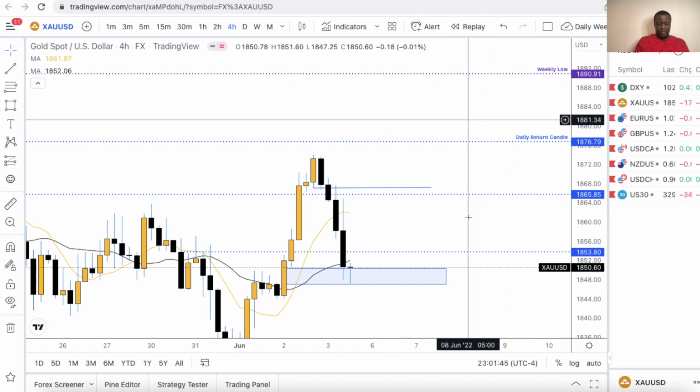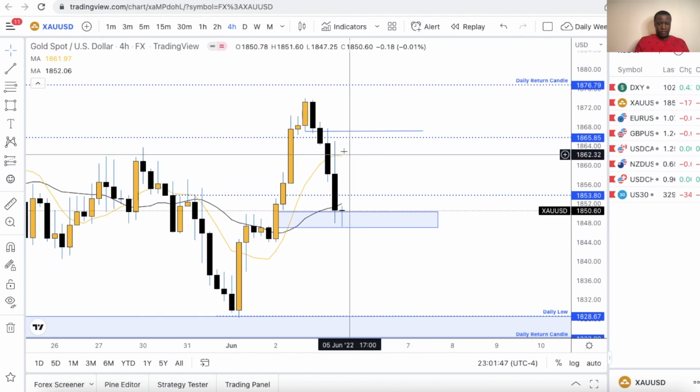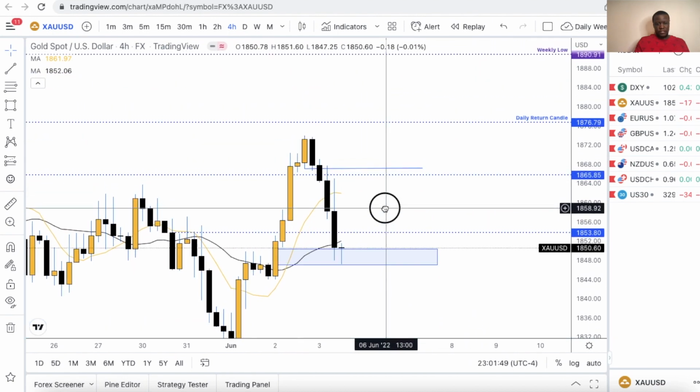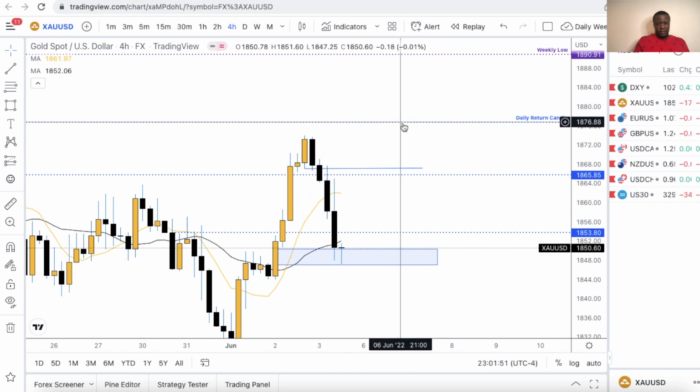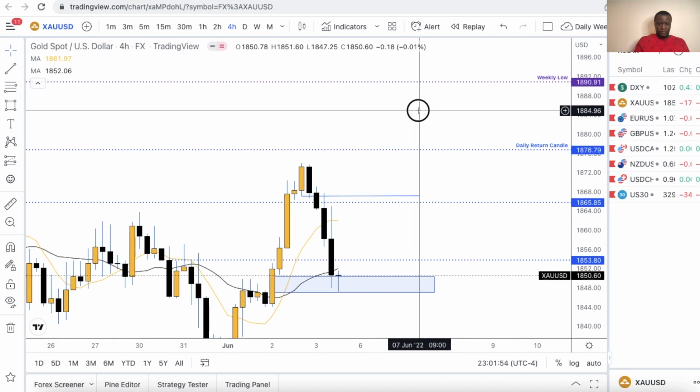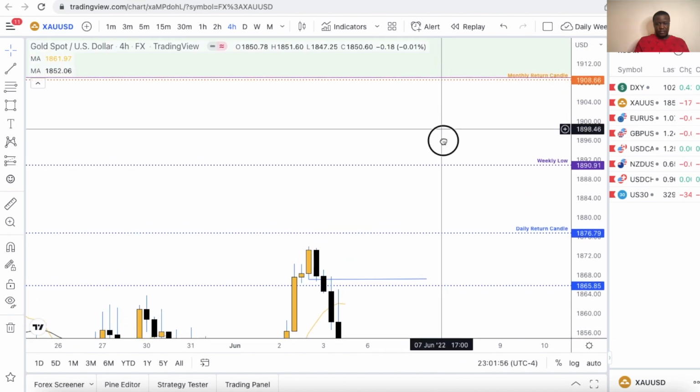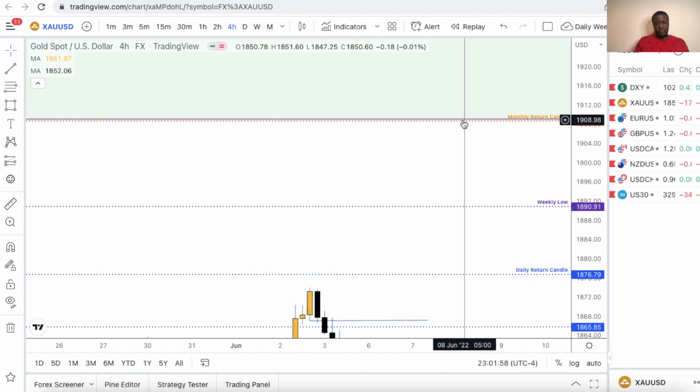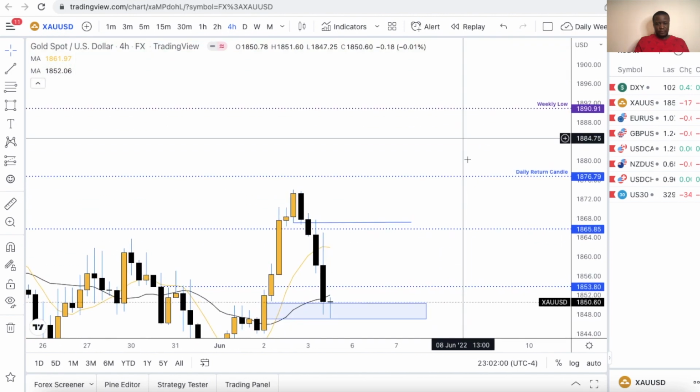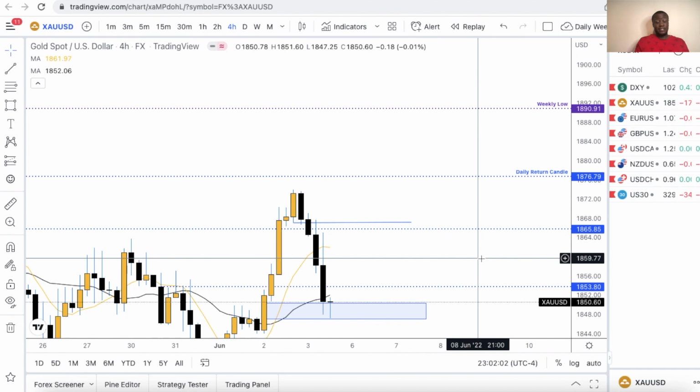So these are the levels that you'll be taking profit at. So you got the 4-hour level, you got the daily level, and then you got the weekly level. And if it continues and you really want to hold it, you can hold it all the way to this monthly level. So that is a top-down analysis in a nutshell.